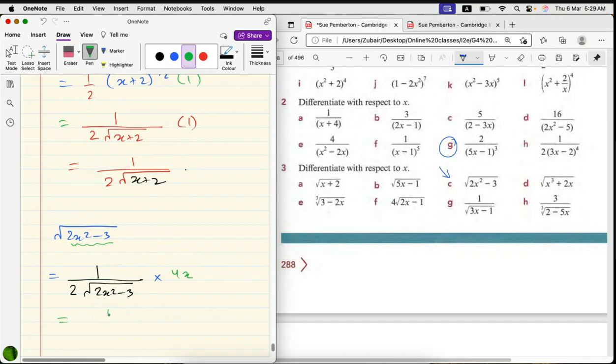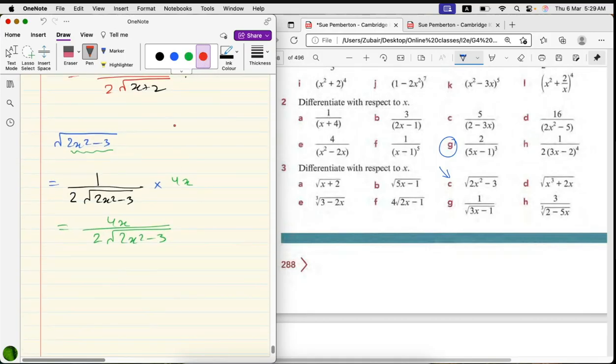So this should be 4x over 2 square root of 2x square minus 3, which simplifies: this 2 can be cancelled out with the 4, giving 2x over square root of 2x square minus 3.